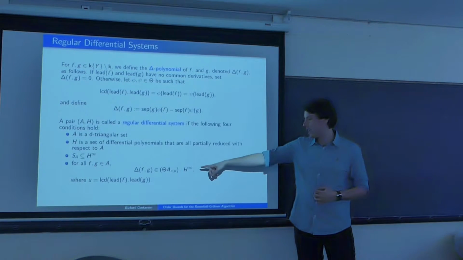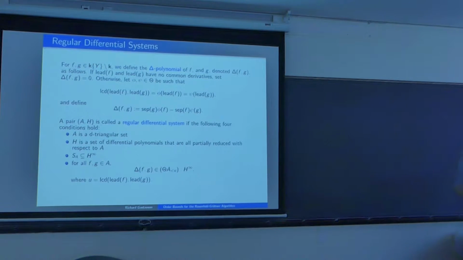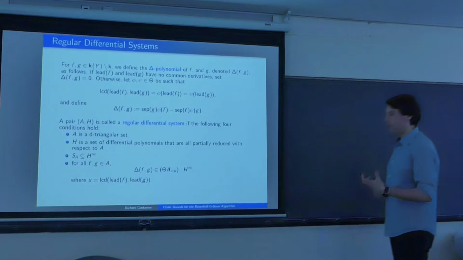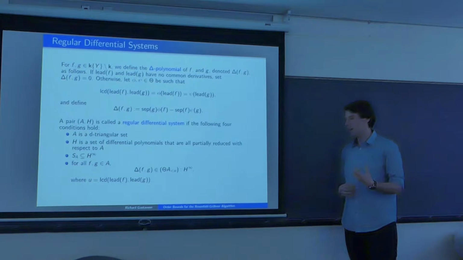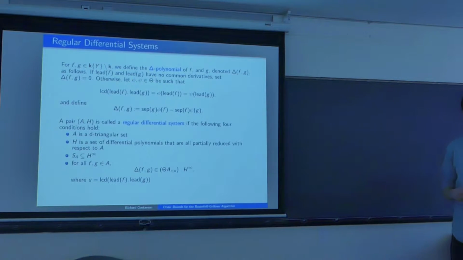this theta A subscript less than u, so here u is the least common derivative of the leader of f and the leader of g. So that says that we only want to take linear combinations of derivatives of elements of A, but of rank strictly less than u.